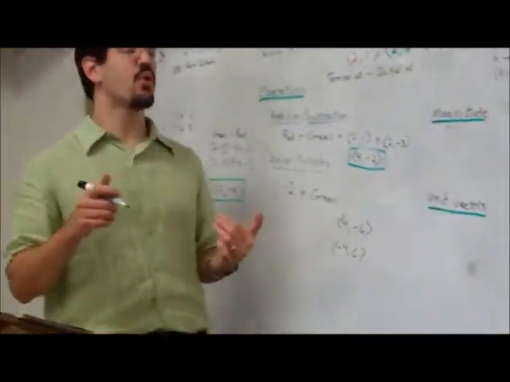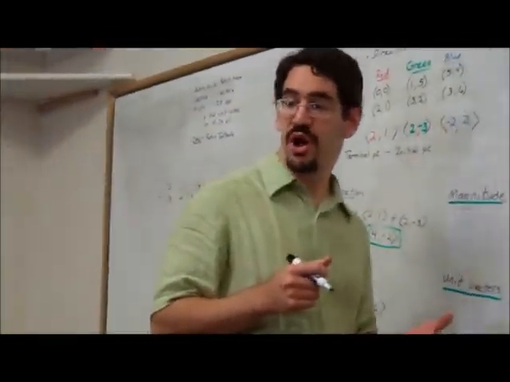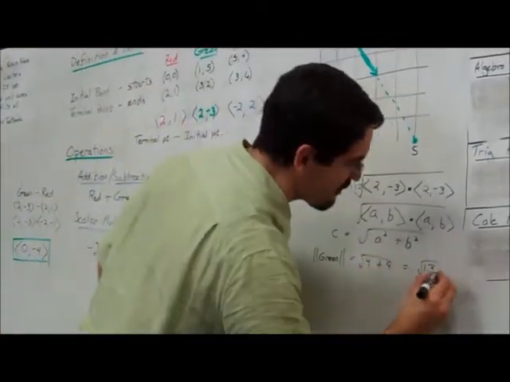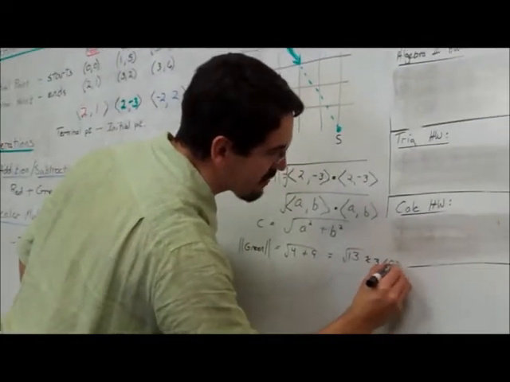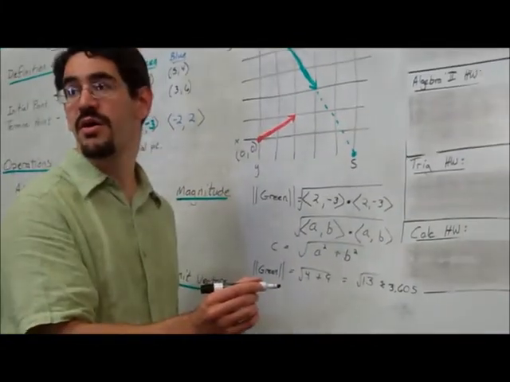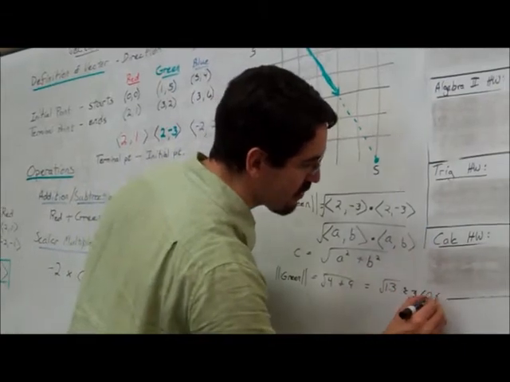Obviously, it's less than 4, greater than 3. 3.6 approximately? Give me 3 decimals. 3.605. Did you round this last one? No. Should it round up or down? It's a 5, so it rounds up. 3.606.